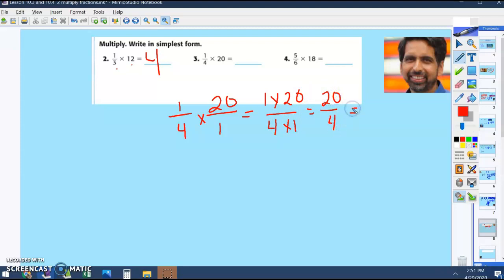Remember, I asked myself, is it improper? Can it be reduced? It is improper because 20 is larger than 4, so I need to use division to find out what this is equal to, and I know that 5 groups of 4 are 20, so I can subtract, and I have nothing left over, so my answer would be 5.